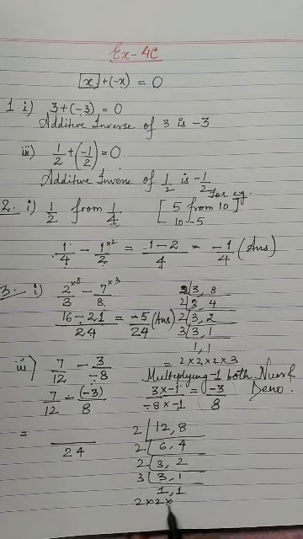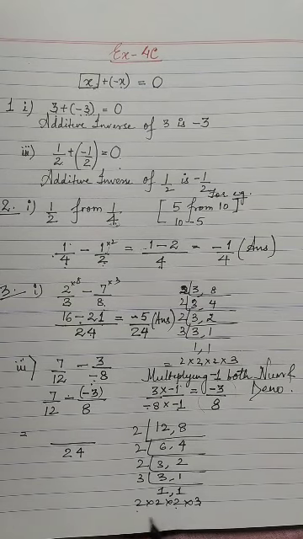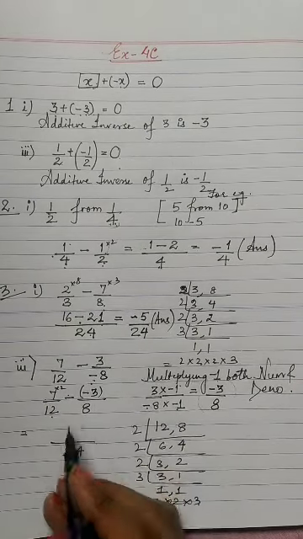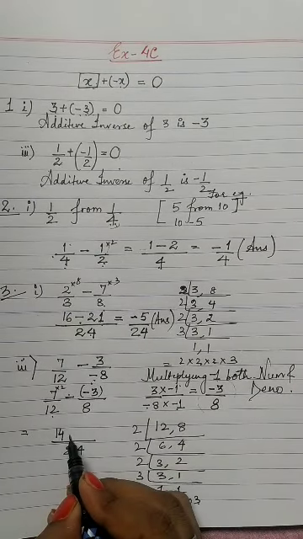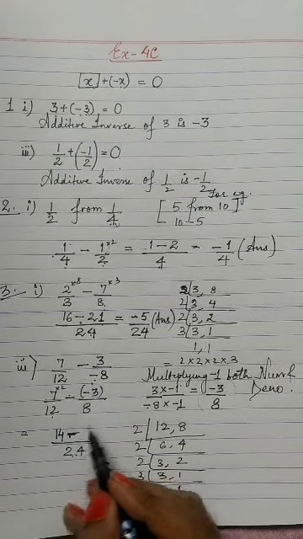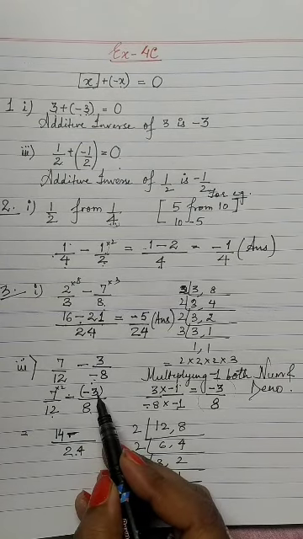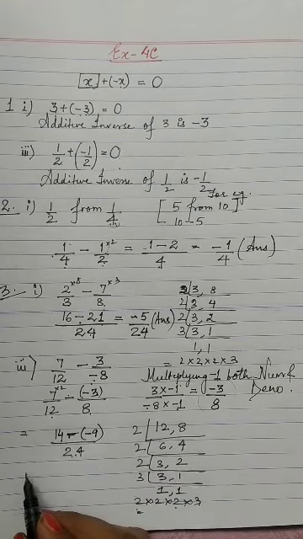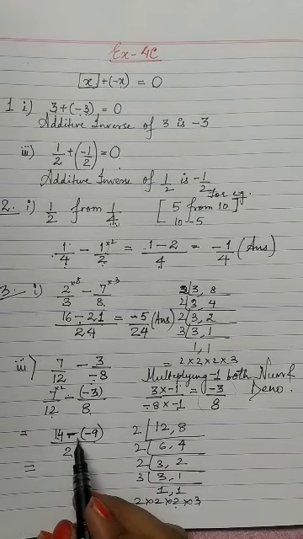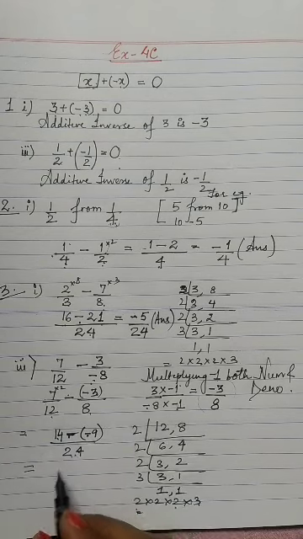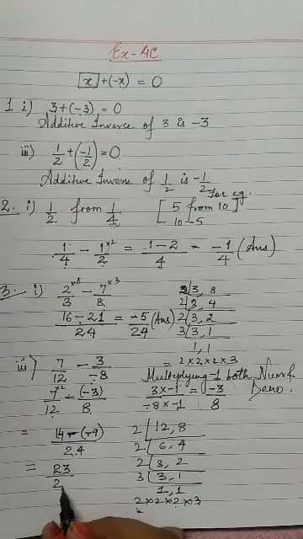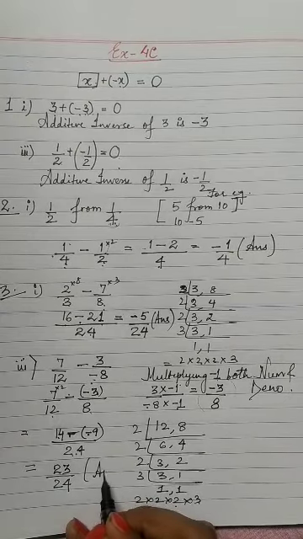So 2 into 2 into 2 into 3, that is 6 into 4 is 24. Now 12 into 2 is 24, 2 multiplied by 7 will give you 14, and minus here, 8 into 3 is 24, so 3 into minus 3 will give you minus 9. Therefore we have 14, minus into minus will be plus, 14 plus 9, that is 23 upon 24 as the answer.